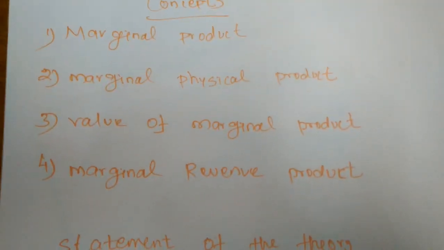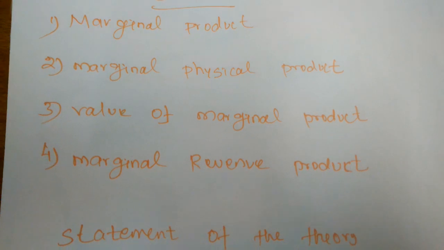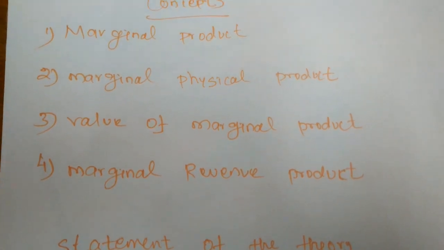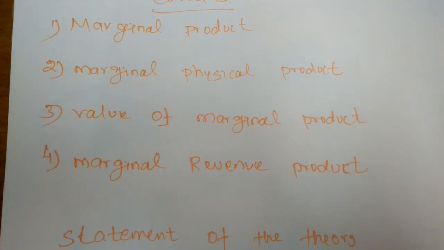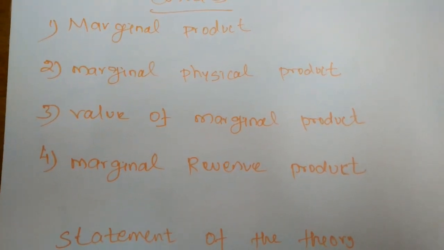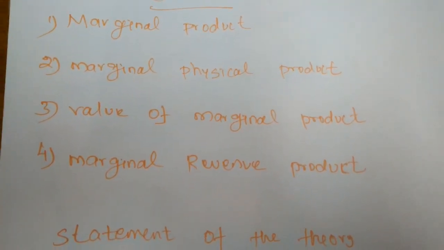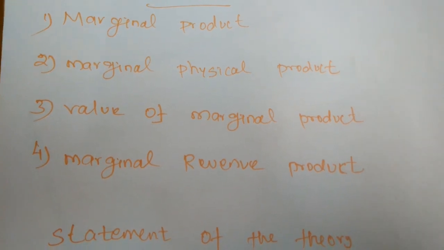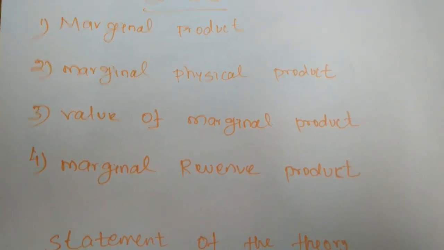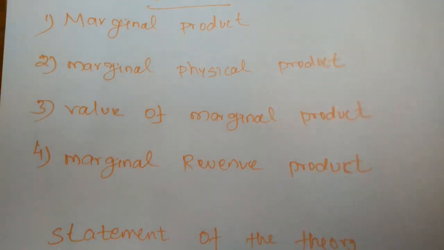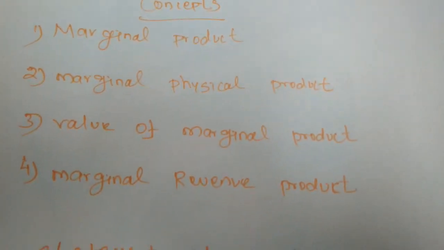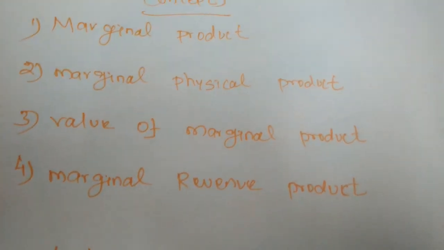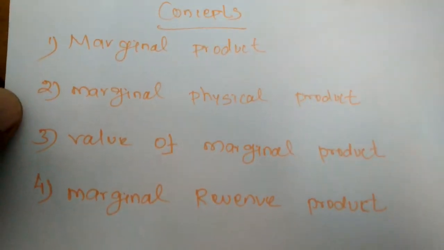Normally, when we are arranging 5 labor to produce 5 units of commodity, and we add one more labor to the 5 labors, the last labor produces some units of product. The product produced by the last unit of labor only is considered the marginal product.